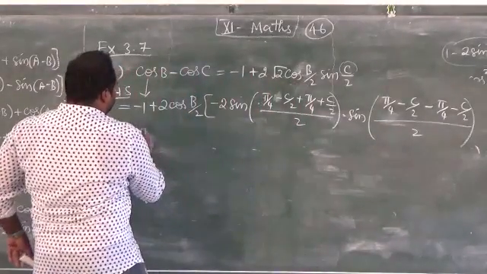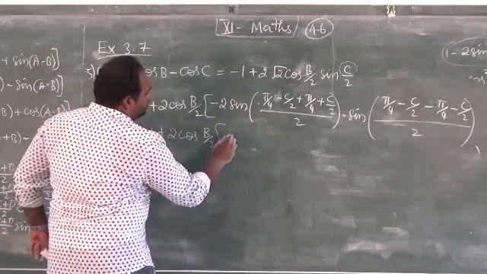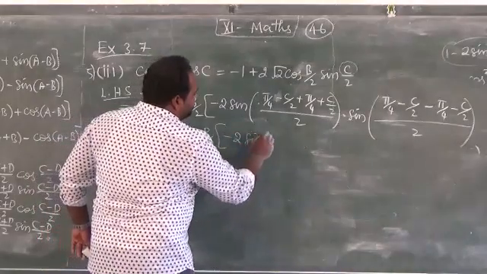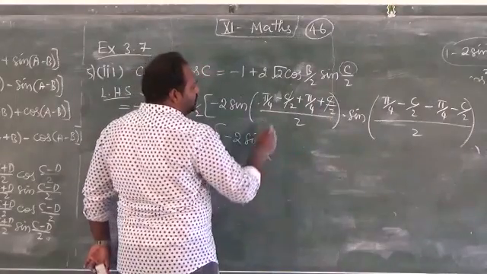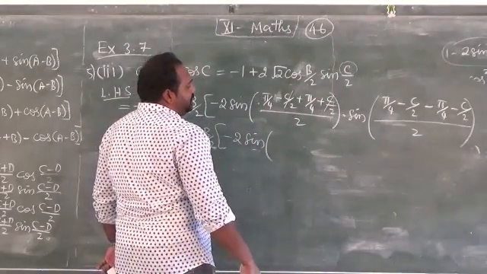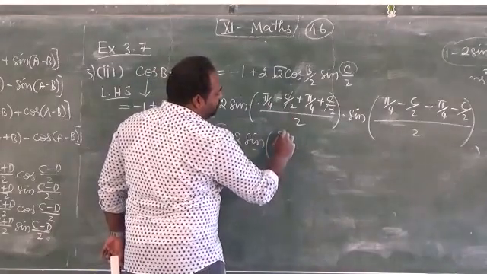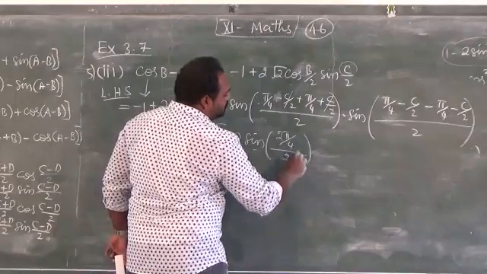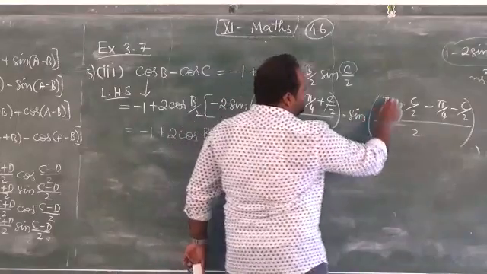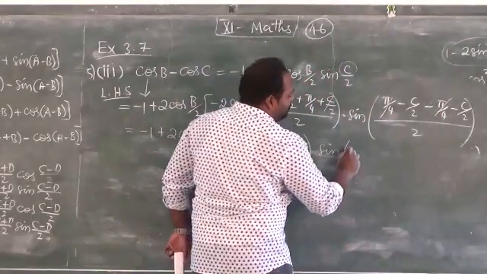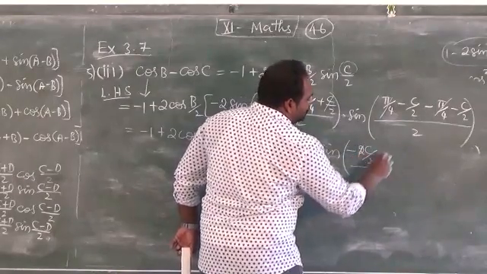Now minus 1 plus 2 cos B by 2, minus 2 sin, here minus C by 2 plus C by 2 cancel, pi by 4 plus pi by 4, 2 pi by 4 whole divided by 2, 2 cancel, sin of, here we have pi by 4 minus pi by 4 cancel, minus 2C by 2, by 2 cancel.